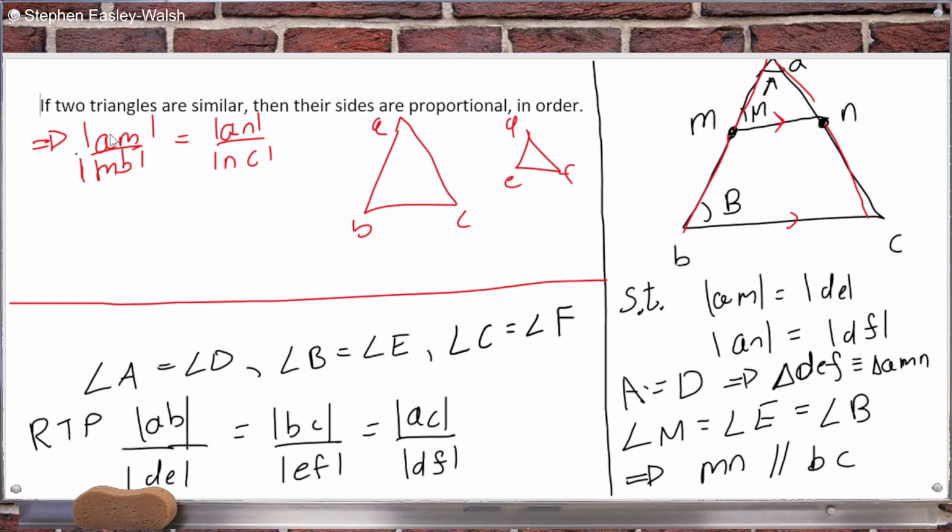So AM is the same as DE. Okay. And then that's MB. And that's equal to AN, which is the same as DF over NC. Okay. Nearly there, nearly there.